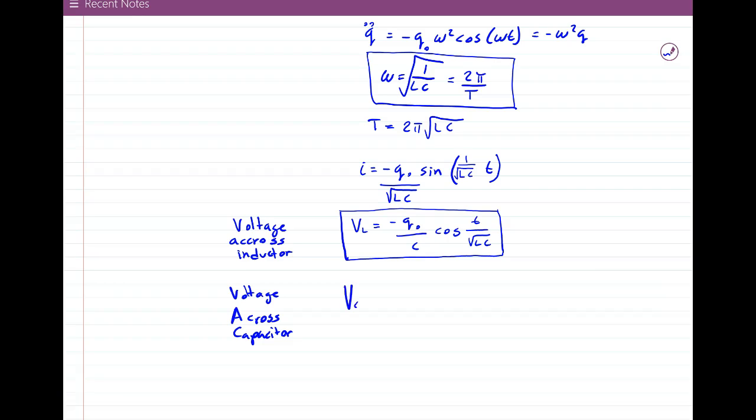One is the negative of the other. It has to be, because you can add them up around the circuit, or they won't be zero. So if you were to graph this, these would be mirror images of each other as time progresses. This would be a negative-going cosine, this would be a positive-going cosine.